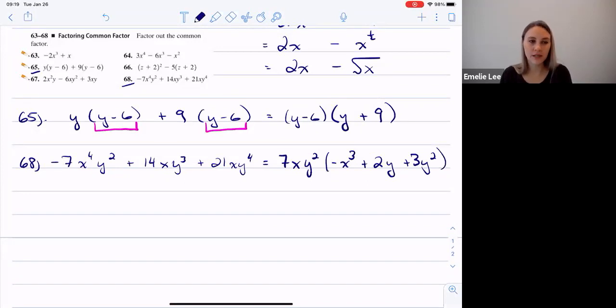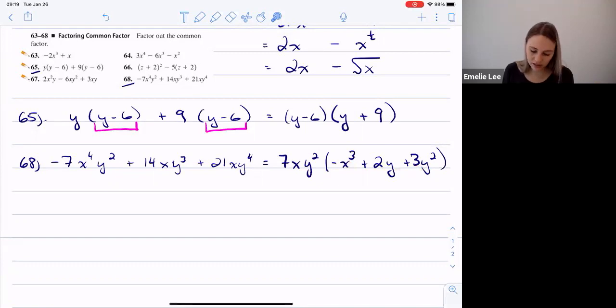Now, I've pulled out these common factors. Now just have a scan here and see if there's anything that you can rearrange to simplify things. In this case, no. I've got an x here, I only have y's here.